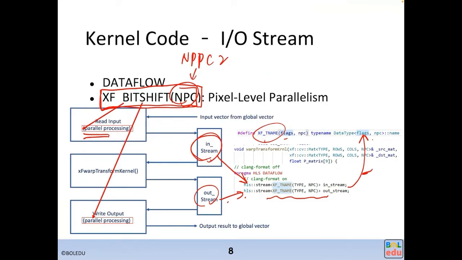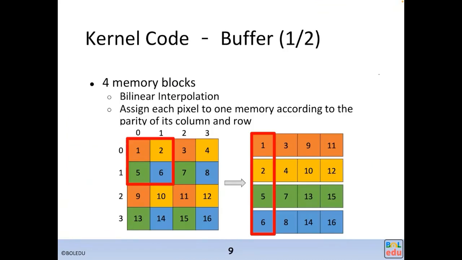And here we talk about the buffer. Okay. We used 4 memory blocks in here, and since we do backward warping, we need to do bilinear interpolation.